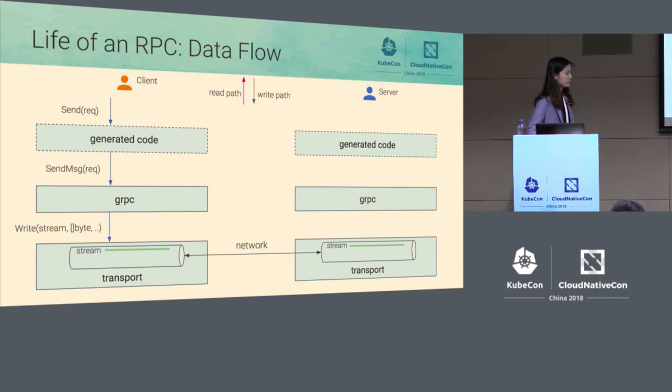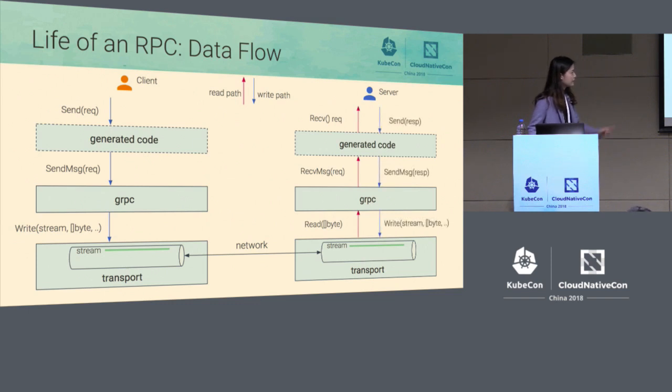And then the transport will transmit the bytes over the network, and then on the server side, it will read the bytes off the stream and pass them along to gRPC, and then gRPC will do the decompression and decoding and pass the message back to the generated code, and the generated code will pass the request along to the server.